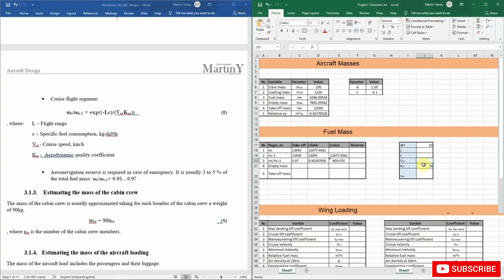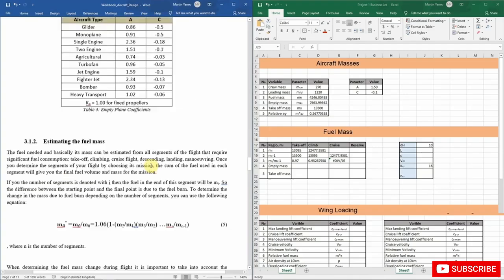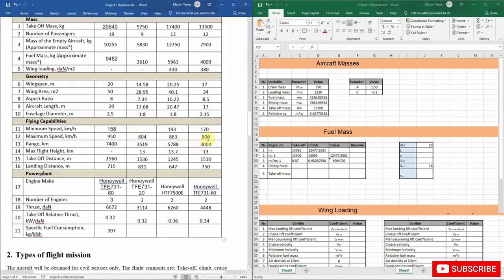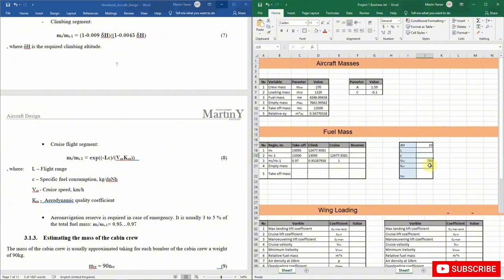Then the velocity. Let's see what cruise velocity we chose for the aircraft. The maximum speed we chose to be 800, so I would say the cruise speed is going to be 780. C is the specific fuel consumption, which is 1.9, and L is the flight range, which in our case is 3000 kilometers.